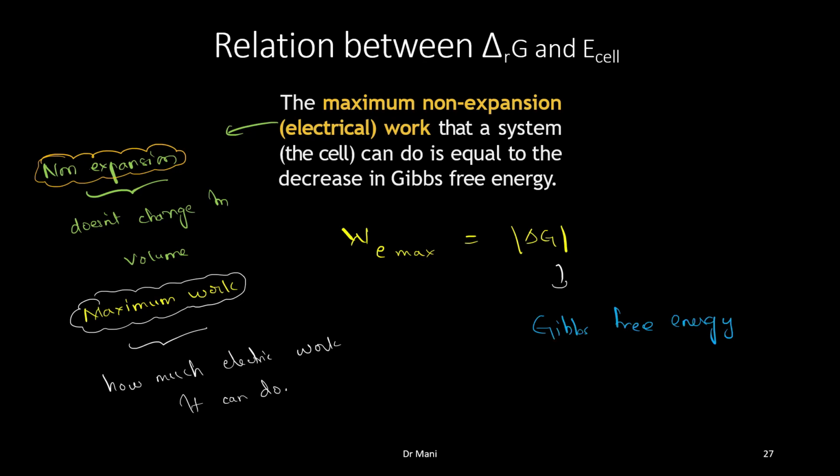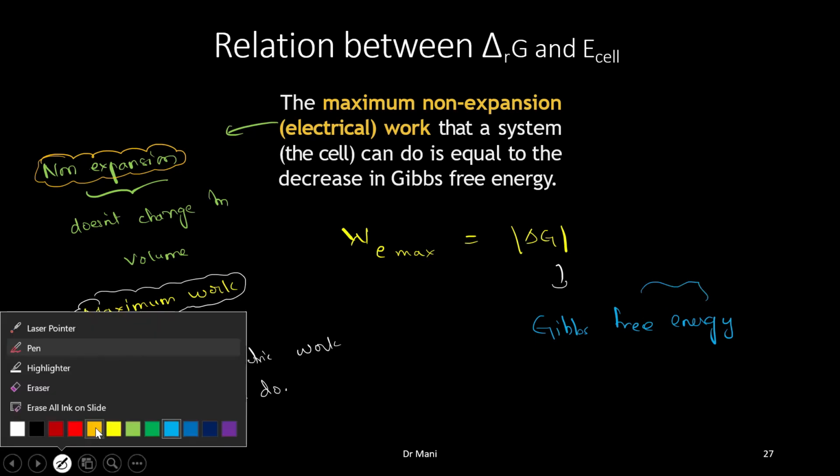Remember, the negative sign of delta G means energy is released by the cell, whereas if delta G is positive, energy needs to be supplied. The more negative the Gibbs free energy is, the more electric work the cell can potentially perform. Understood? This is very important.